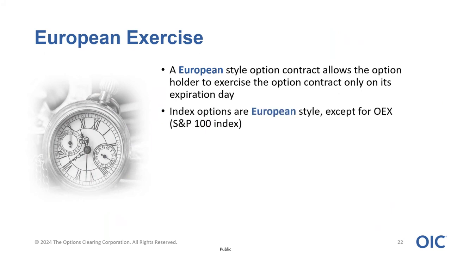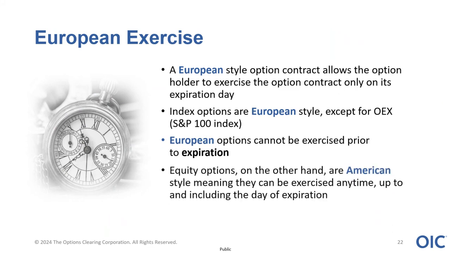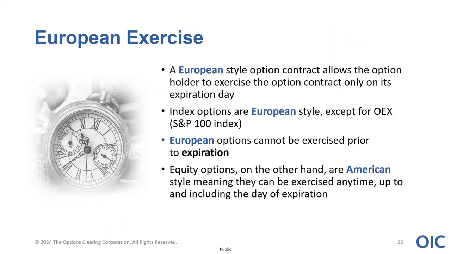Index options, generally speaking, are European style, except for a long time ago, the OEX was an American style index option. They only can be expired at expiry, and equity options, for the most part, are American style options. You can exercise American style options during the entirety of the life cycle of that option.